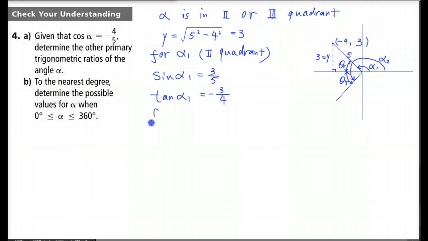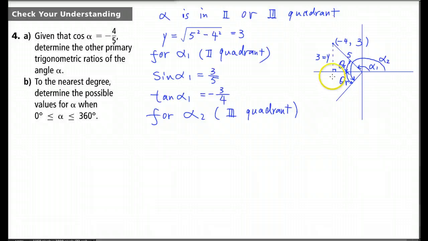Okay, and then for alpha 2, that's in the third quadrant. Normally we call it quadrant 3.